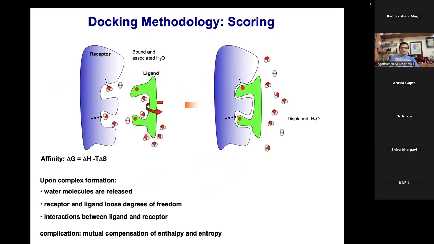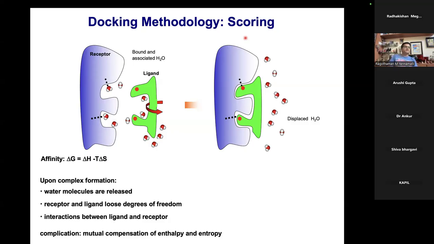You also need to understand the scoring, the second step in molecular docking. Once you have found a conformation, you want to bring it to the receptor and then find whether it is a good binder or not. That scoring involves entropy and enthalpy terms. It's a thermodynamic process.